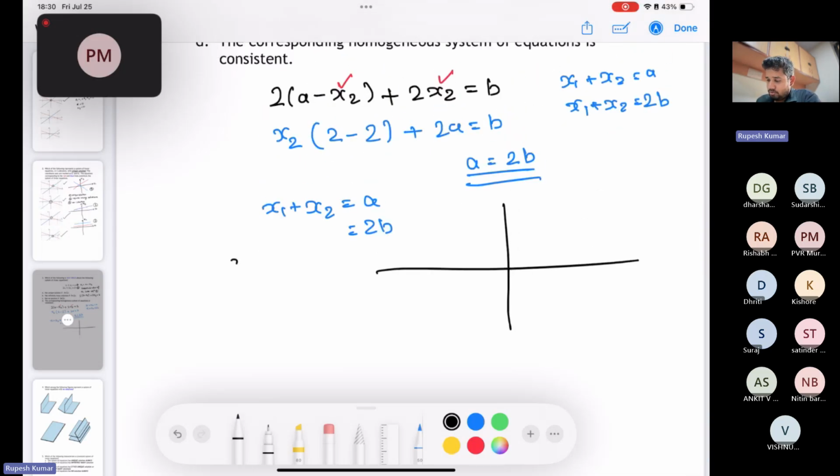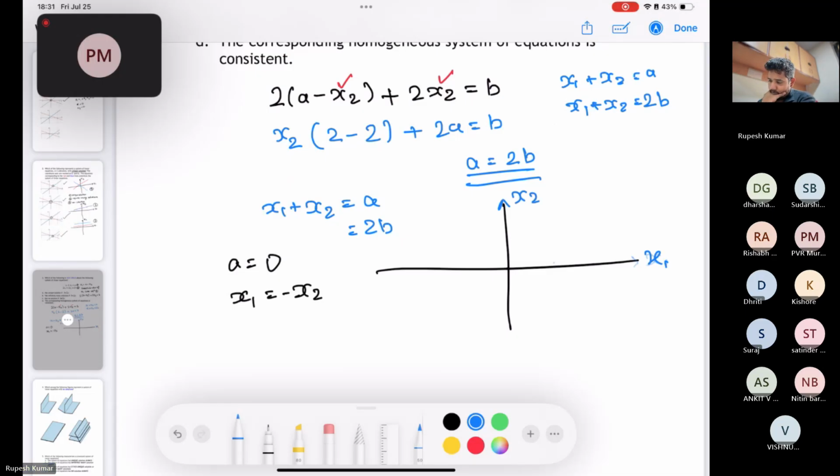Let's say I choose a equals some value, let's say 0. Then it will say x1 equals minus x2, right? You can also plot this. This is x1, this is x2.